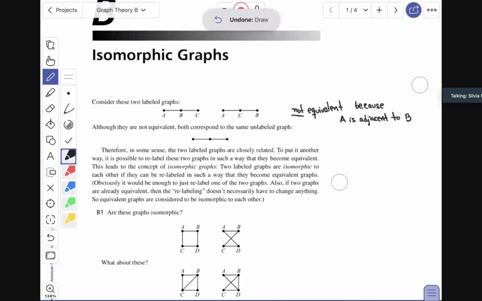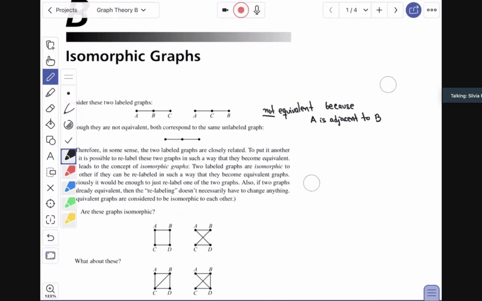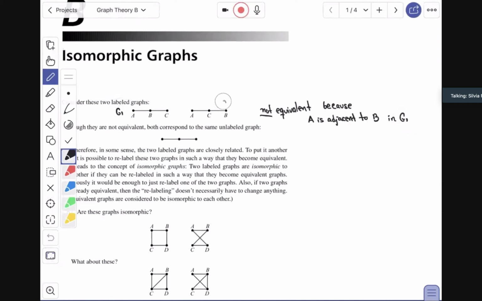It's again going to be G1, let me call this one G1, and let me call this one G2. But A is not adjacent to B in G2, right? So equivalent meant that you had exactly the same pairs joined by edges.